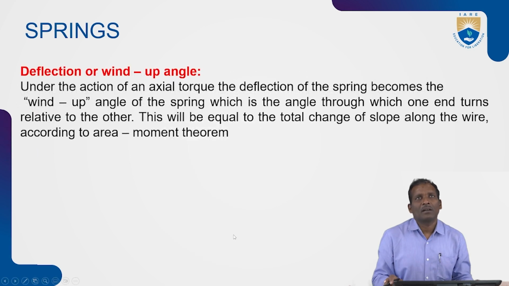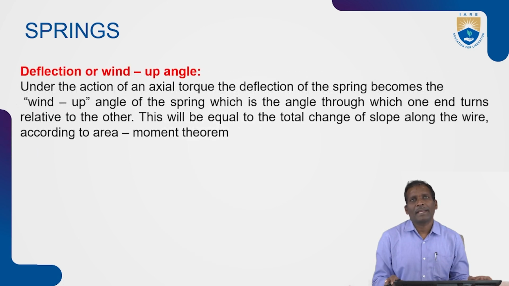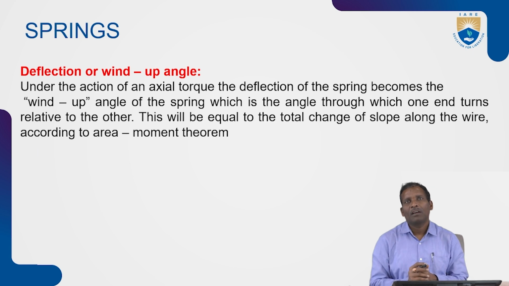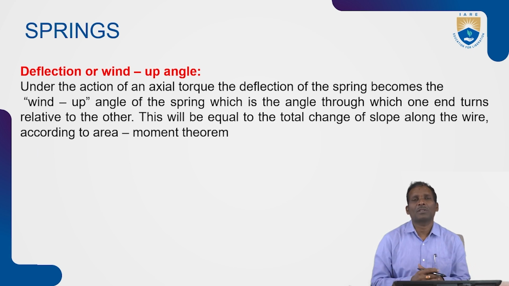Next, deflection or wind up angle. What is this wind up angle? Under the action of an axial torque, the deflection of the spring becomes the wind up angle of the spring, which is the angle through which one end turns relative to the other. So this will be equal to the total change of the slope along the wire, according to the area moment theorem.